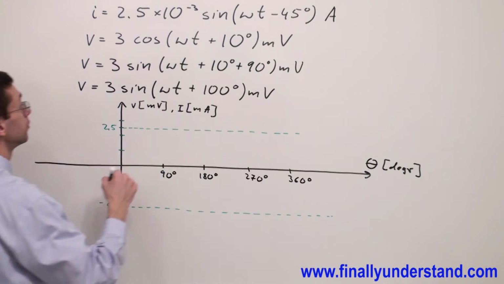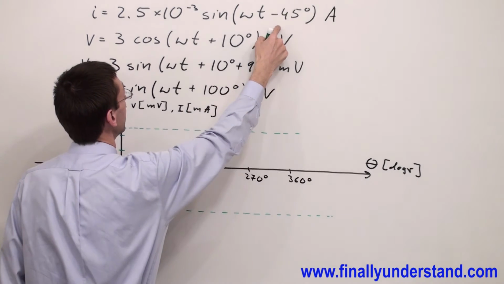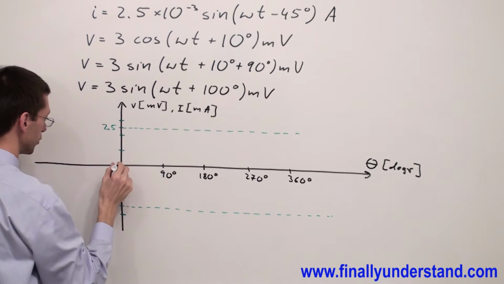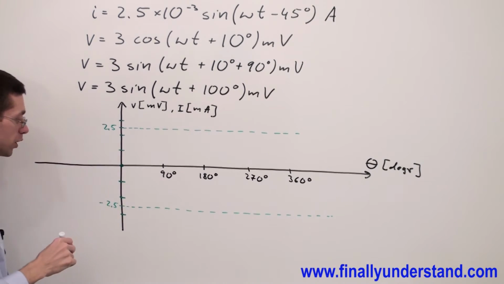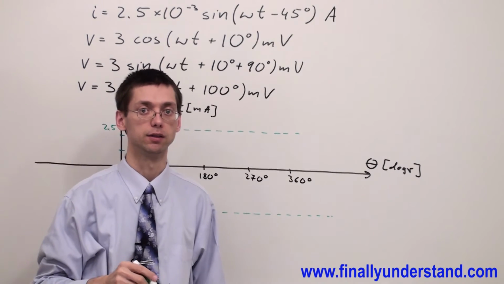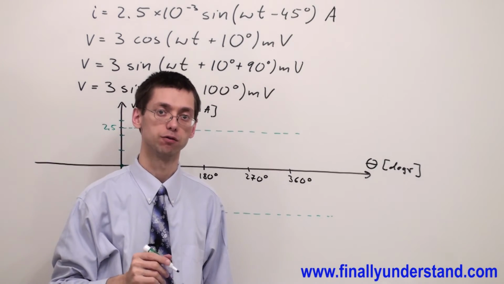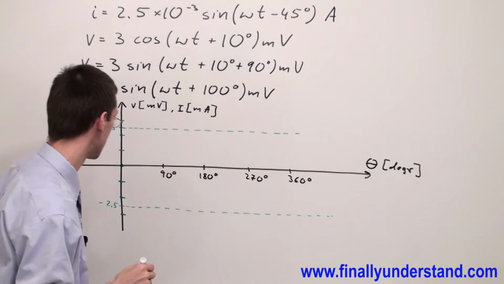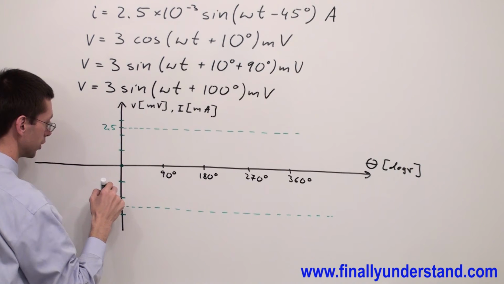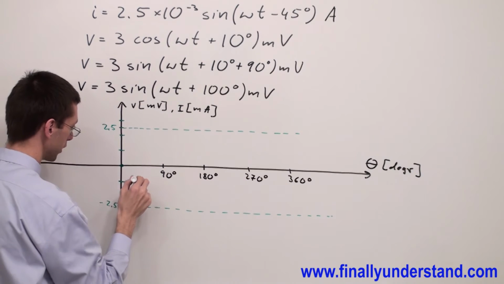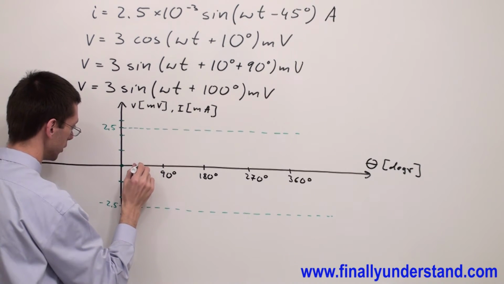My phase shift angle is minus 45. It means that my waveform is going to lag the reference by 45 degrees. Lag means I'm going to be behind the reference point 45 degrees. 45 degrees is half of 90.